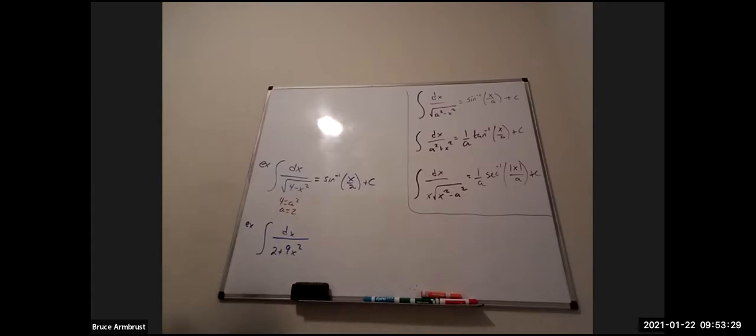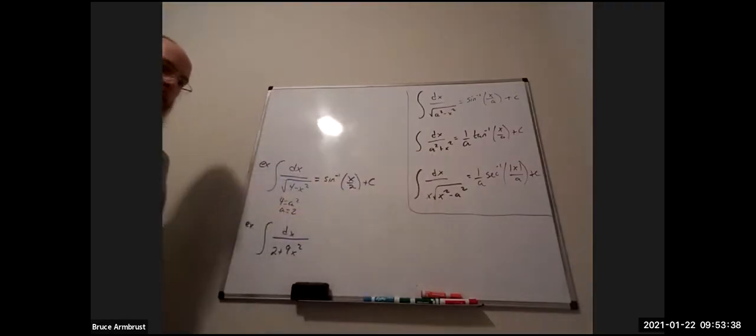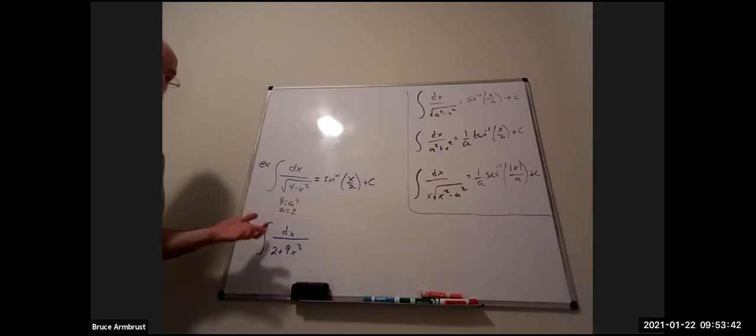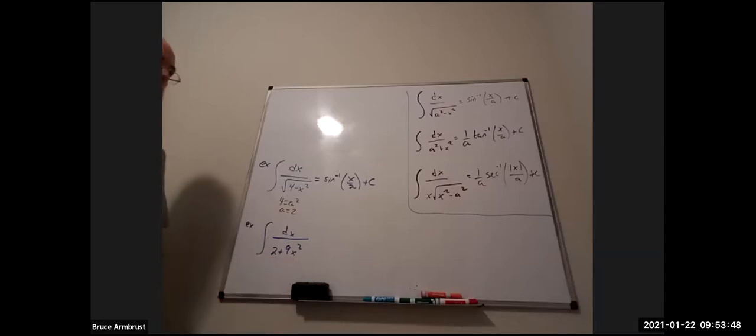You look at your forms, and you see that this one looks a lot like the middle one. But there are a couple of issues. One, I don't have just x squared. I've got 9x squared. So I have to adjust this slightly.